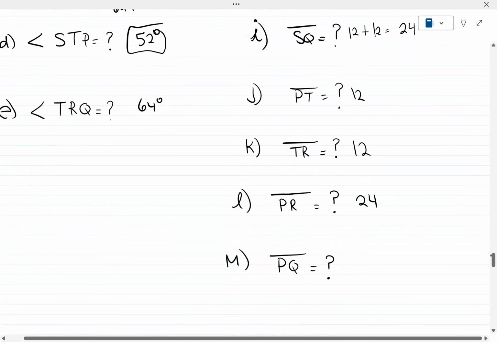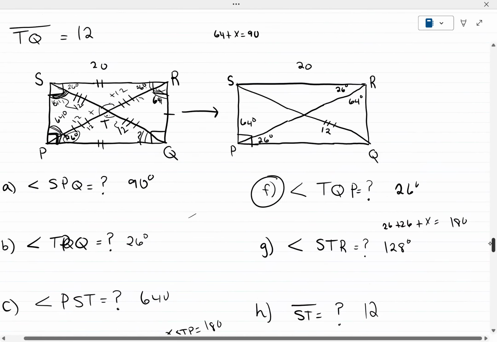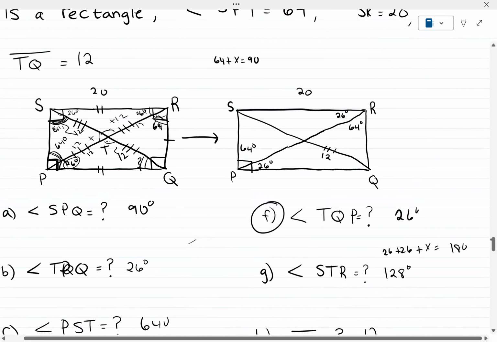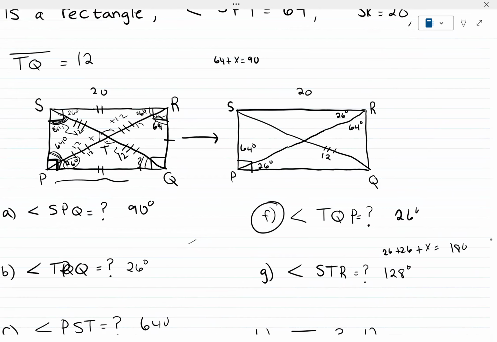What about M, the length of PQ? PQ, so this length here. Well, it forms a triangle. If you draw a straight line, this forms a right triangle.